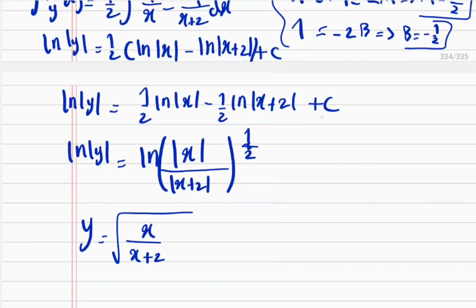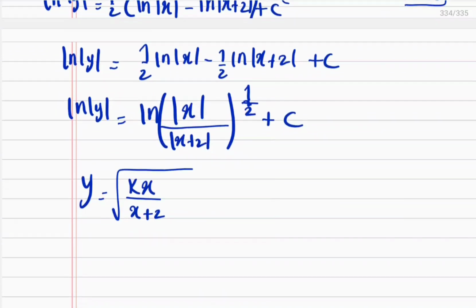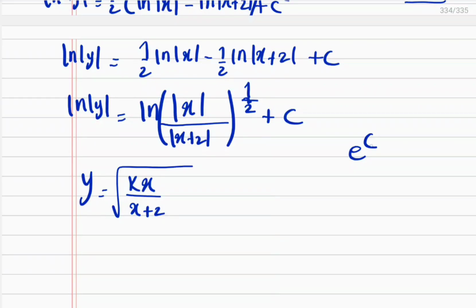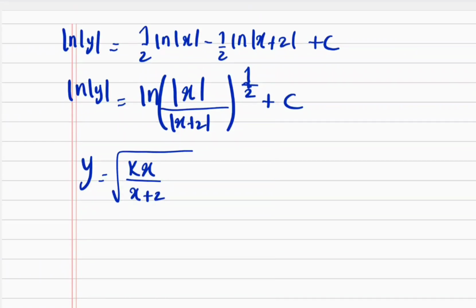We'll also have this constant as well, so on the numerator it becomes k times the square root of x, because when we do e to the power of both sides we will also have this constant. I forgot to write that here. And then when we have e to the power of c, that just becomes another constant. So that's why it becomes another constant.